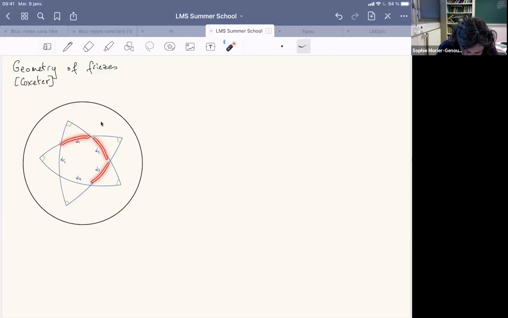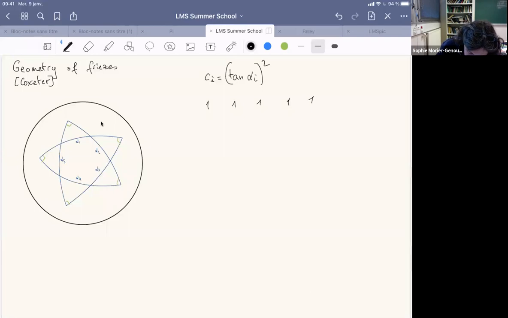So there are 5 arcs. Alpha 1, alpha 2, alpha 3, alpha 4, alpha 5 are the lengths of these arcs. So the sphere is a unit sphere. And if you compute Ci to be the tangent of alpha i squared, what you will have is that these numbers will determine a frieze.